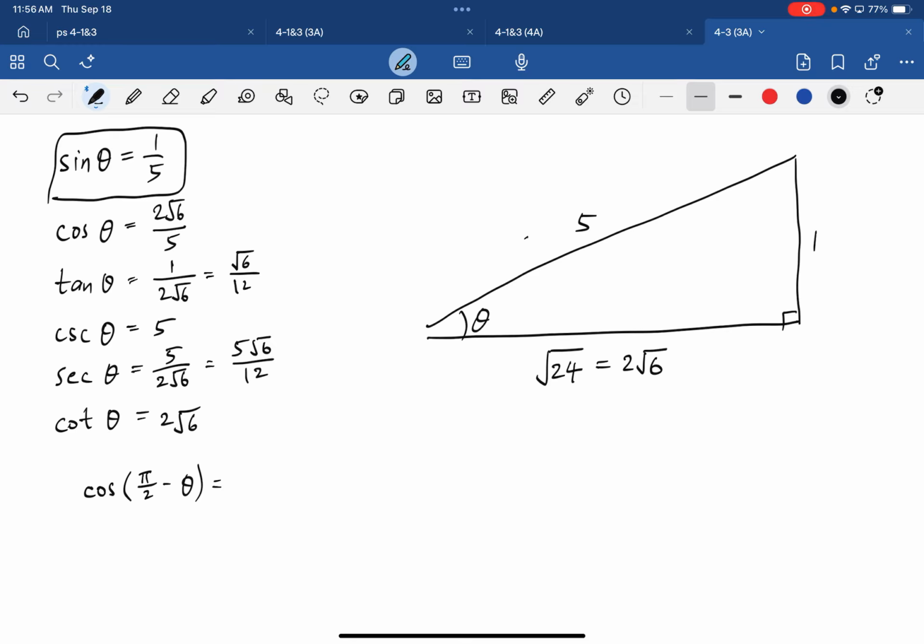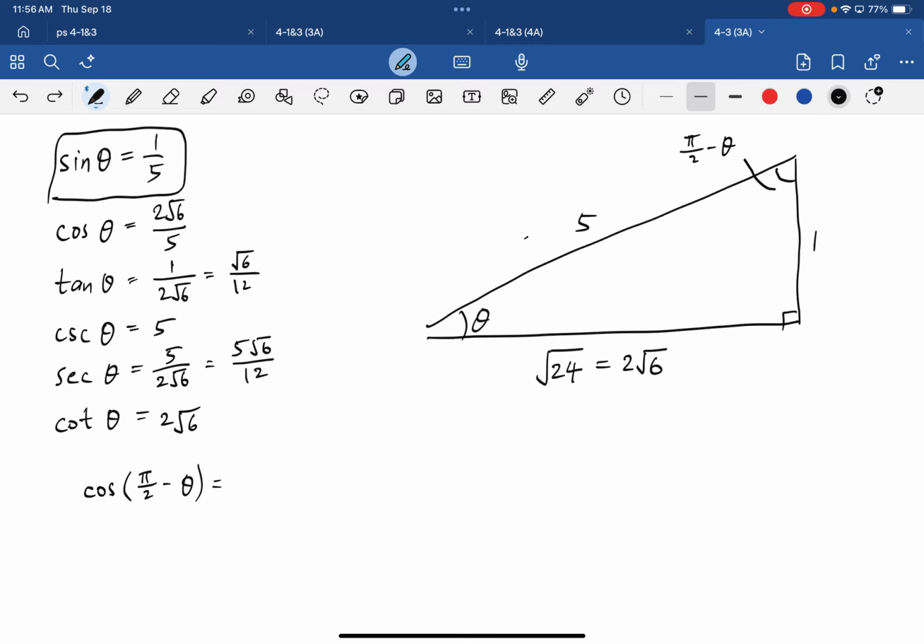So which angle in this diagram is pi over 2 minus theta? It's this one, right? Because these two angles have to add up to 90. So this angle is pi over 2 minus theta.